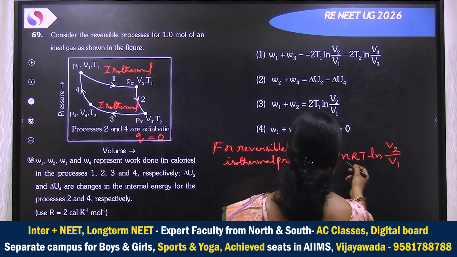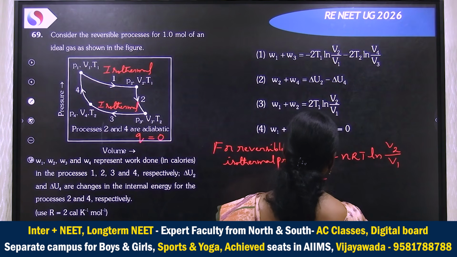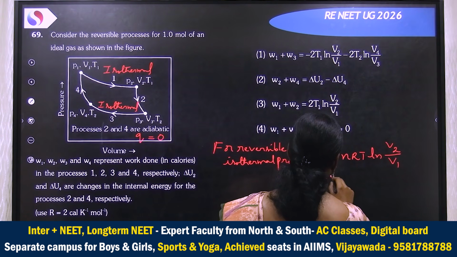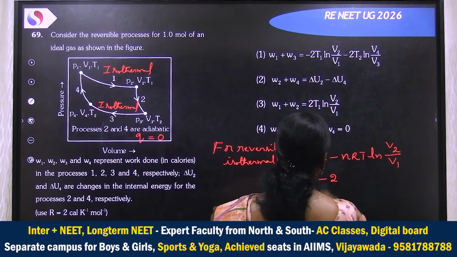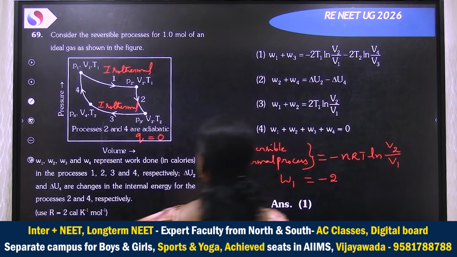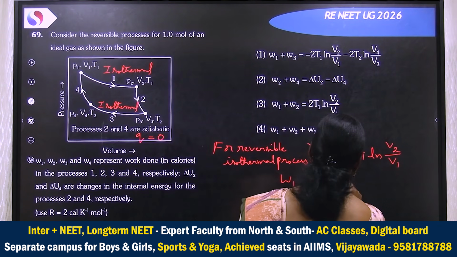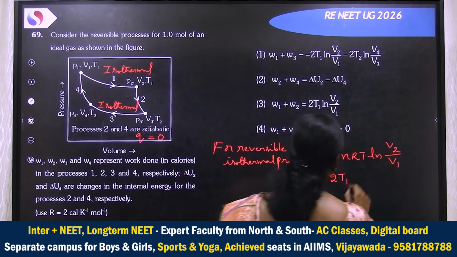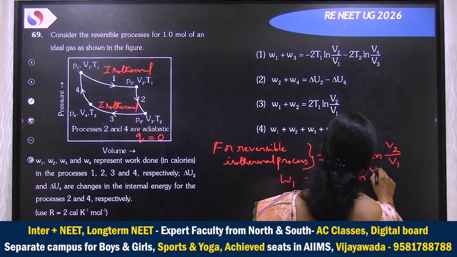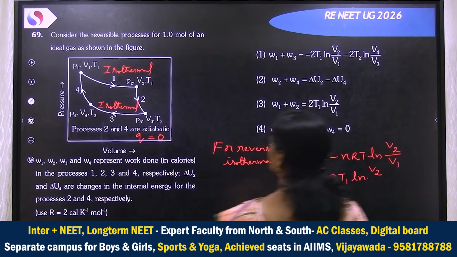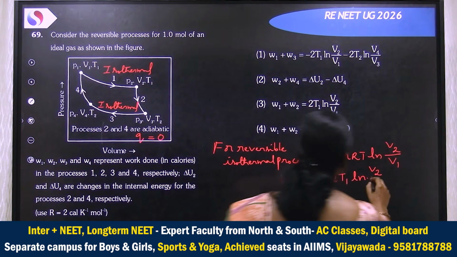In place of n, 1 mole, and R is 2, therefore minus 2T1 ln V2 by V1.